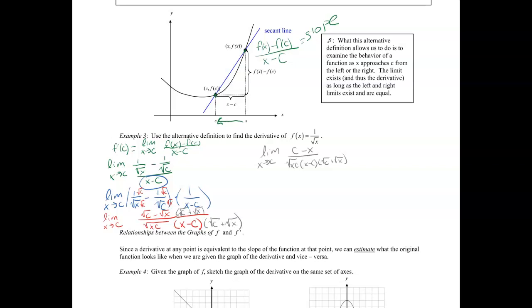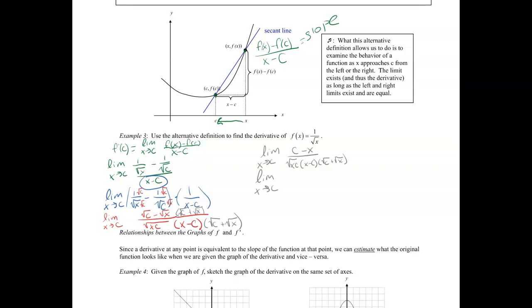All right. So now my limit is approaching c, right? Hold on, before I even start plugging in c, I've got the limit as x approaches c.